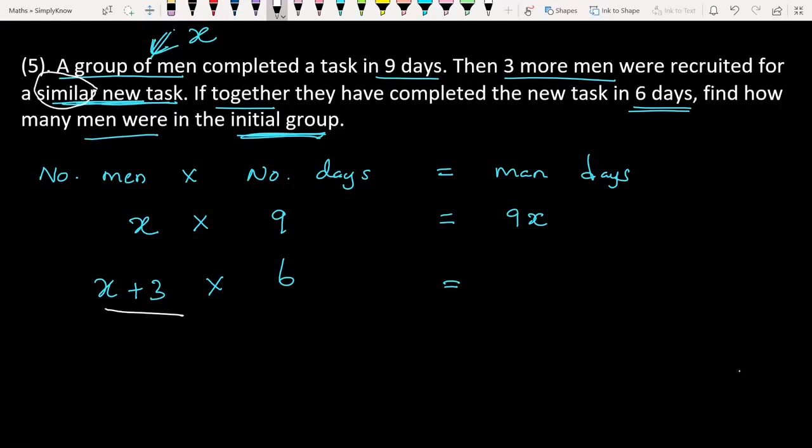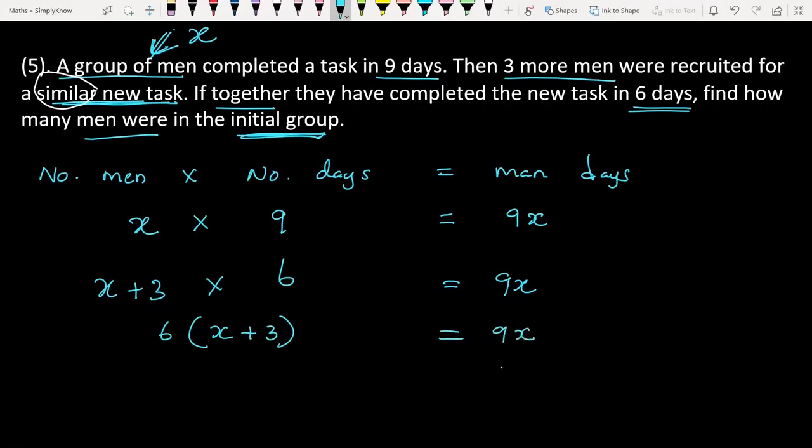Therefore, the man days should be 9x. Therefore, the magnitude of the task should be similar. Now, if we solve this equation, we can easily find x. That means number of men in the initial group. X plus 3 times 6. We can write this like this. X plus 3 times 6 equals 9x.